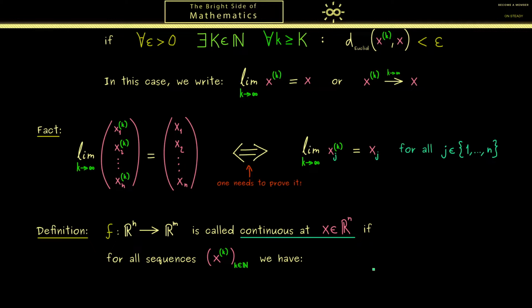Here the idea is the same as before. We consider all possible sequences x^k, and if they converge to the point x, then the conclusion should be that the images also converge. More precisely, here we now have a sequence on the right hand side, so in R^m, and this sequence should converge to the vector f(x).